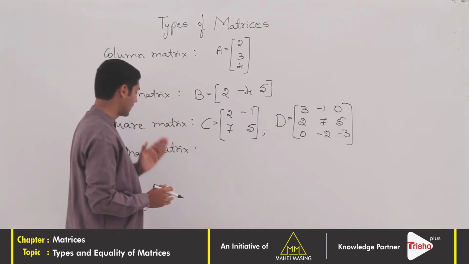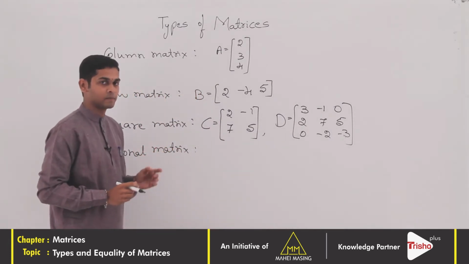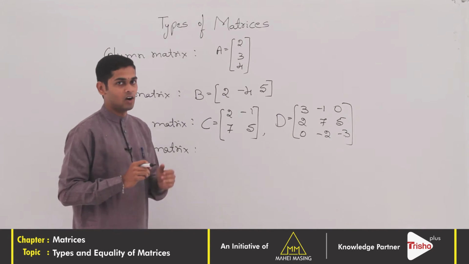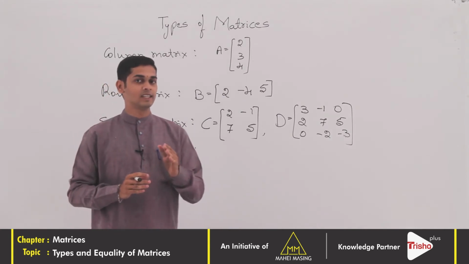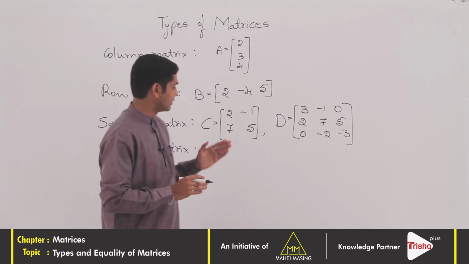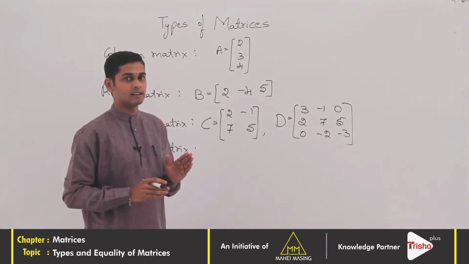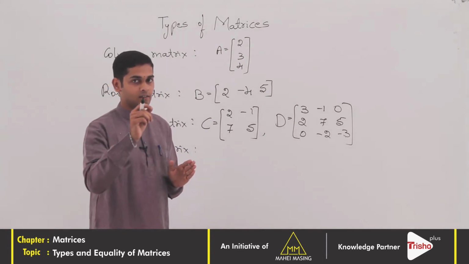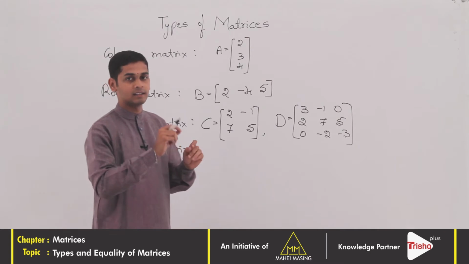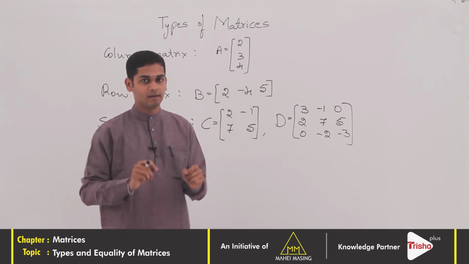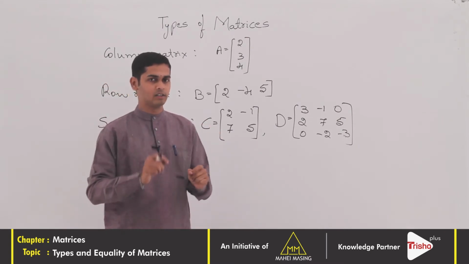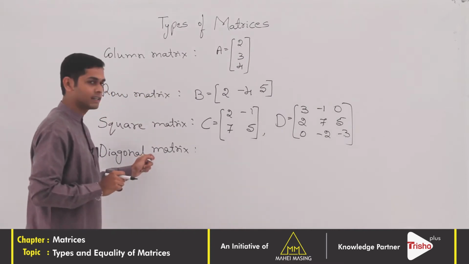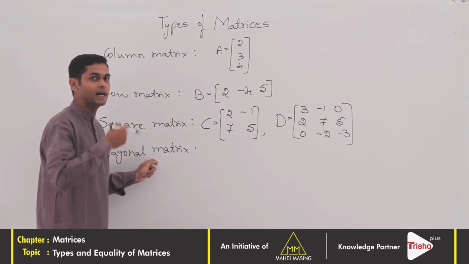Then how to define a diagonal matrix? A matrix or a square matrix. Usually in the examination you can expect one more question like define a scalar matrix, define a diagonal matrix, define a square matrix. Usually we commit a mistake in diagonal matrix, we start with a matrix.